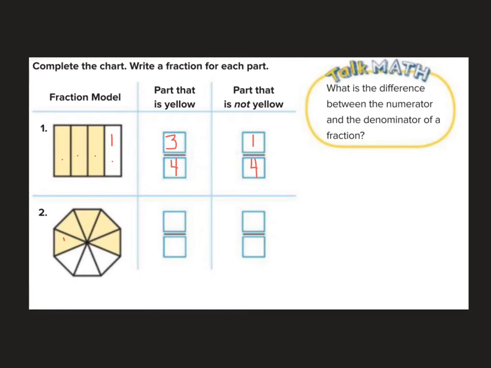Parts that are yellow, I have 1, 2, 3, 4, 5 parts that are yellow out of 8 total parts. So that means I have 1, 2, 3 parts that are not yellow out of 8 total parts. So 5/8 of this shape are yellow and 3/8 are not. For this one, we would say that 3/4 are yellow and 1/4 is not.